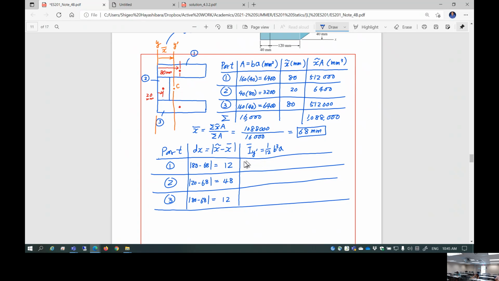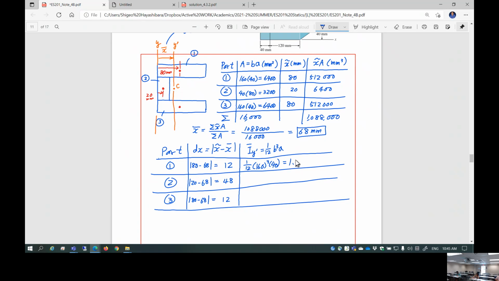So this is going to be 1 over 12, 160 cubed times 40. I'm taking the information straight out from here. This is B times A. So now it's B cubed A, 1 over 12.